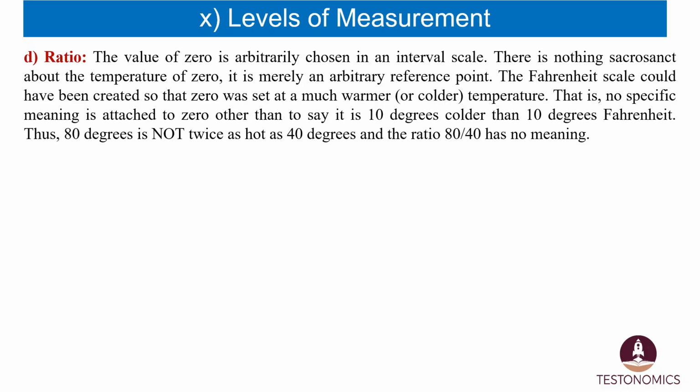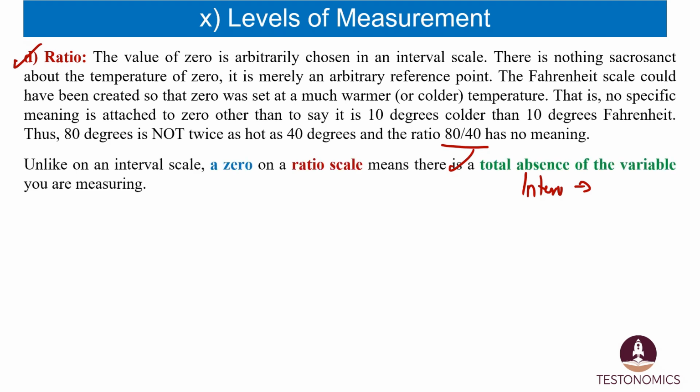Also, we are saying that division does not make sense. That means 80 by 40, if we try to obtain it, makes no sense. This is under the interval scale. So remember, we are calling it interval because only intervals matter, that means 80 to 60 or 60 to 80, the differences. Here we are calling it ratio because even this will come into the picture.